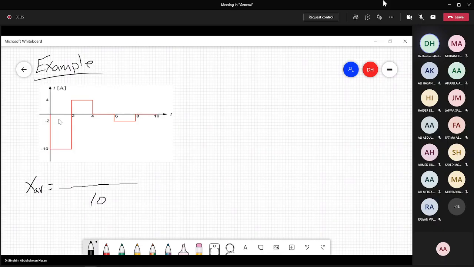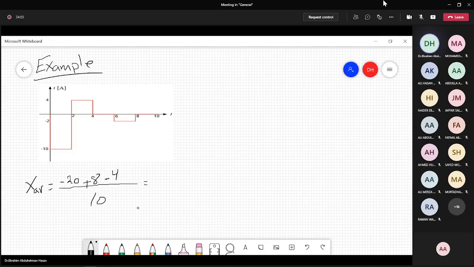So here it is minus 10 multiplied by 2, which is minus 20. Here we have 2 multiplied by 4, which is 8. Then here we have 0, and this one is minus 2 multiplied by 2, so it is minus 4.